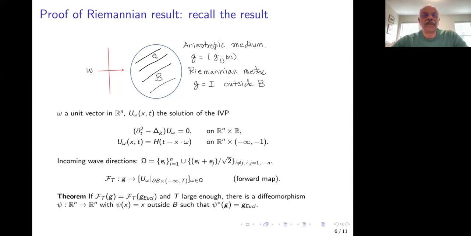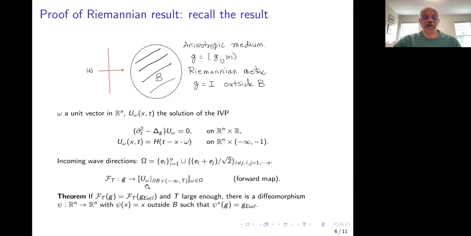So we have a Riemannian metric G on R^n, and G is Euclidean outside the ball. And we probe it by a plane wave coming from the direction omega. So u_omega is the solution of this wave equation, and this is the initial incoming plane wave.